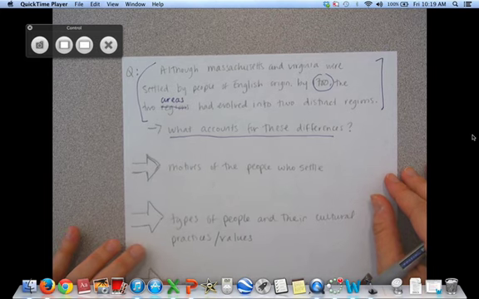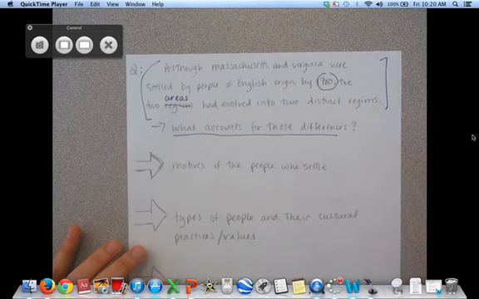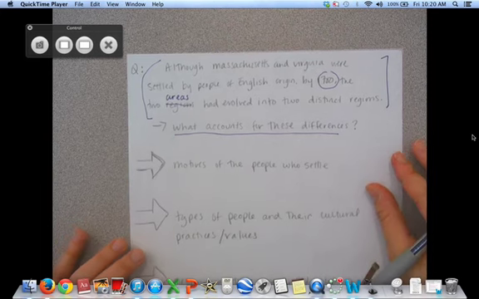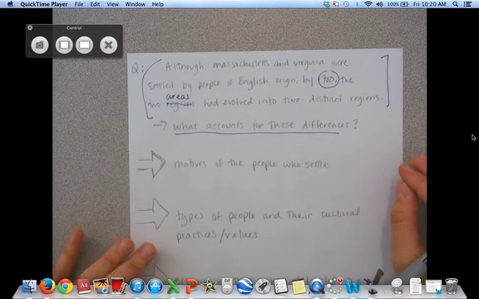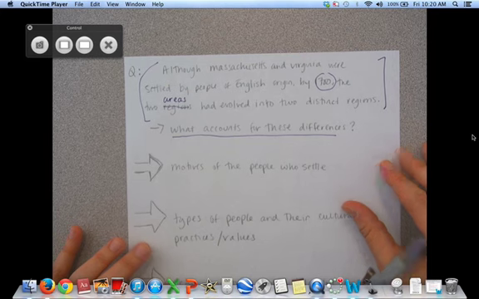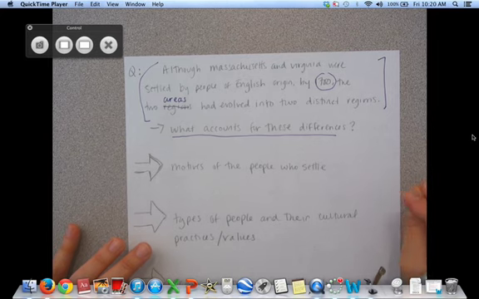And that seems odd because English culture on the whole is fairly, although obviously not totally, homogenous, which means the same. However, if you look at Massachusetts in 1700 and Virginia in 1700, the two places look super different. And you are going to be explaining why they look so different using a variety of different sources to communicate your argument.